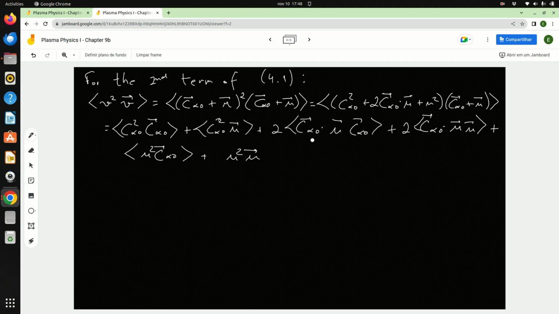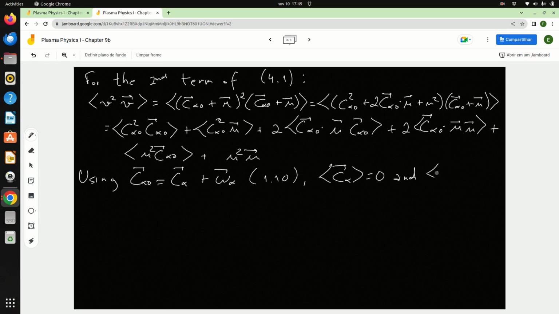Okay, now using C alpha 0 equal to C alpha plus omega alpha. This is 1.10, right? We have already used it before. And also this equal to 0, and this equal to this.